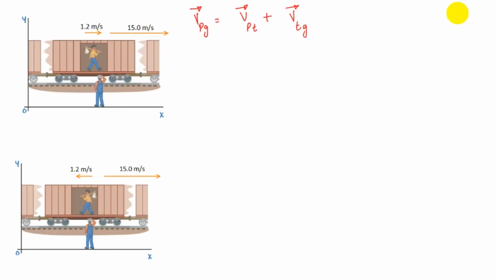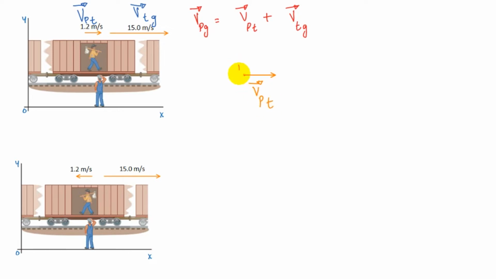So I'll be taking these two cases to represent this vector addition. Now this velocity is a velocity of person with respect to train, and this velocity is velocity of train with respect to ground. And we need to find this velocity of person with respect to ground. So let me draw the vector. This is the velocity of person with respect to train.